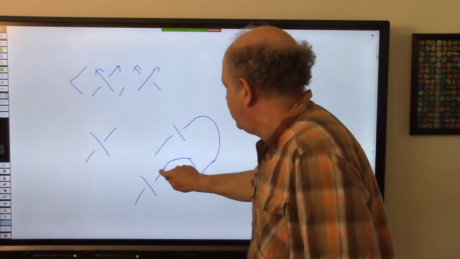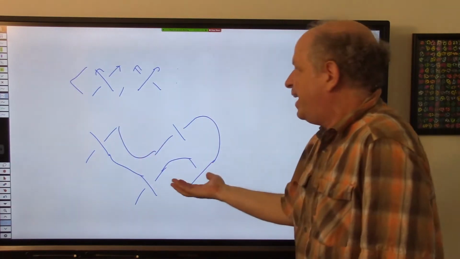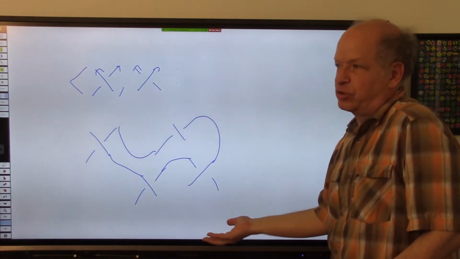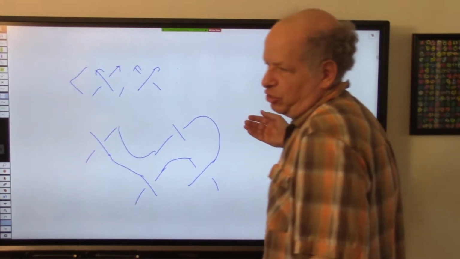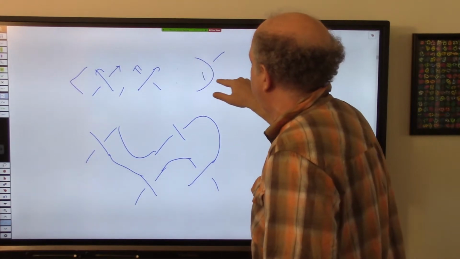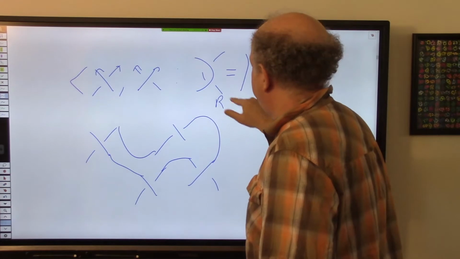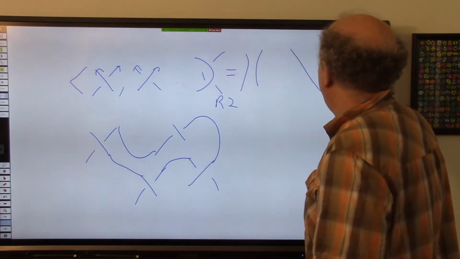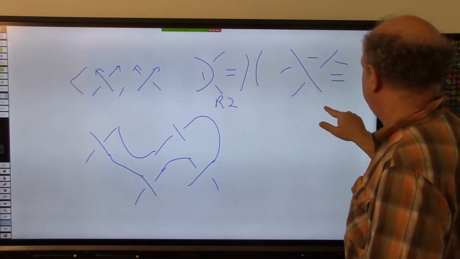So you contract this with this, contract this with this, contract that with that, and of course you can get any tangle you want by doing these contractions. And then it is subject to relations, and the relations are the usual relations of knot theory. So the Reidemeister 2 move, the Reidemeister 3 move, this is equal to, what is it equal to?